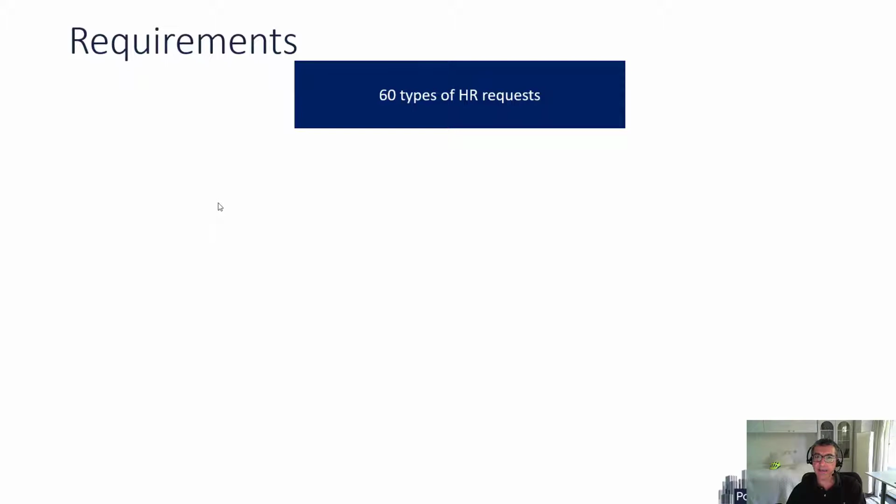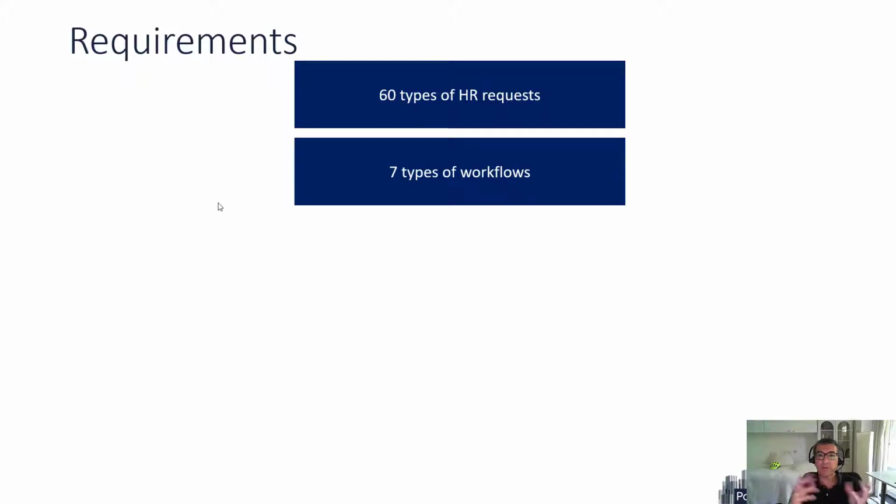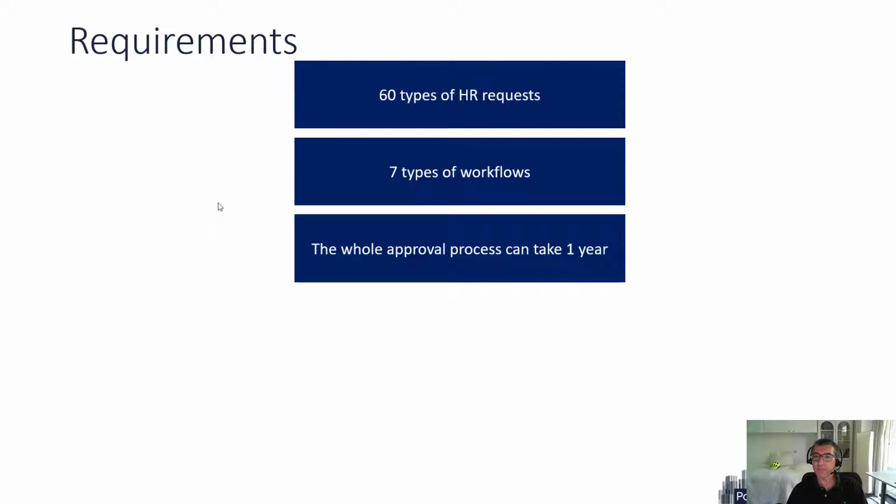In their case, they have something like 60 different types of HR requests and 7 workflows, which means seven business logics. Each HR request can follow a different track, a different business logic. It can go to many people before the request is approved. Sometimes an approval can take up to 1 year. Most of the time it's less than 1 month.